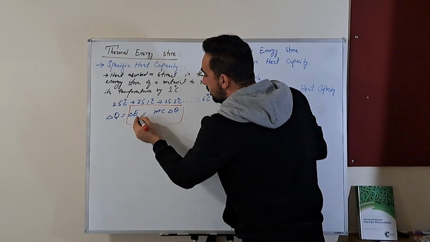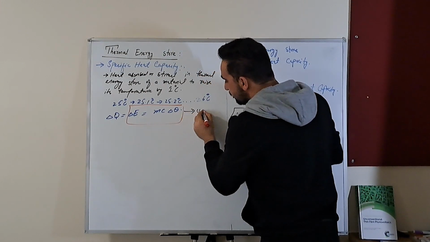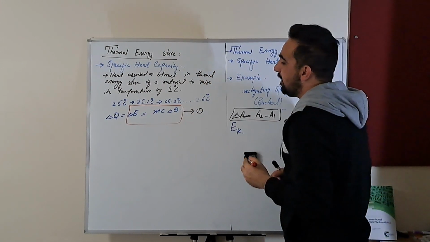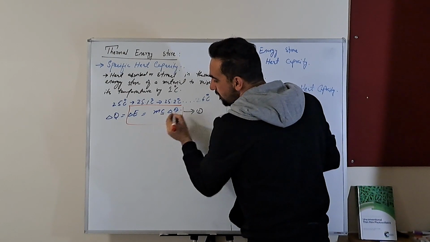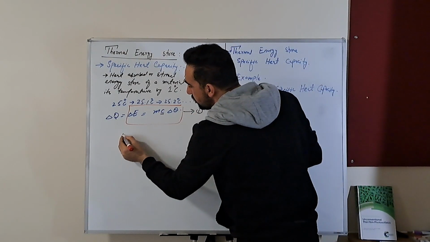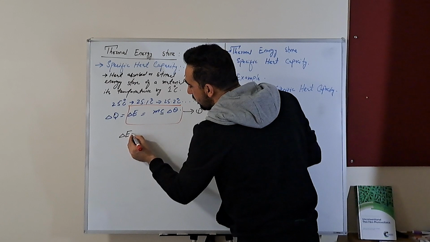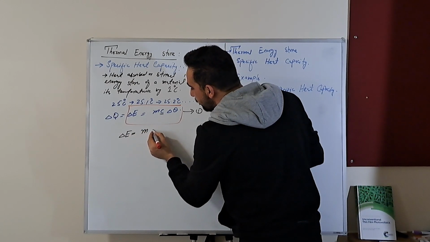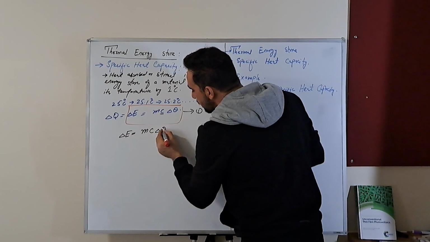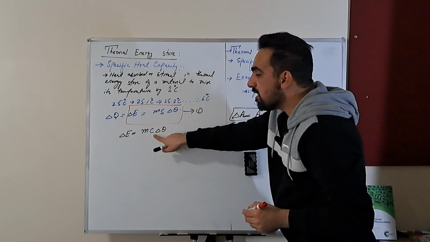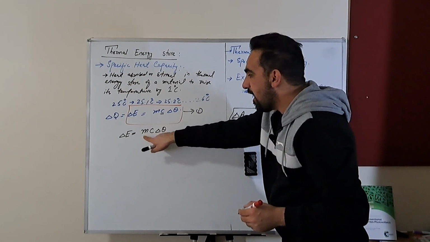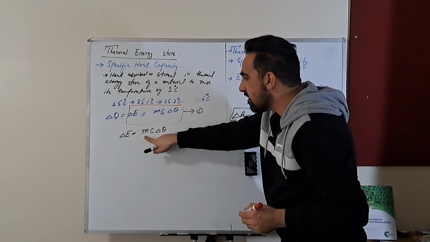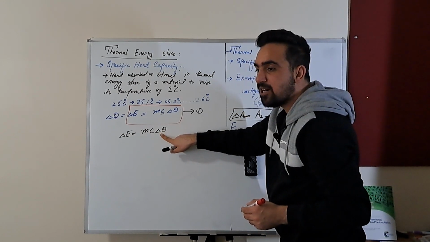So from this we can say, if I want to eliminate C, what will I do? Delta E is equal to m c del theta, and because I want to eliminate C, I have m multiplying on this side and del theta multiplying on this side.